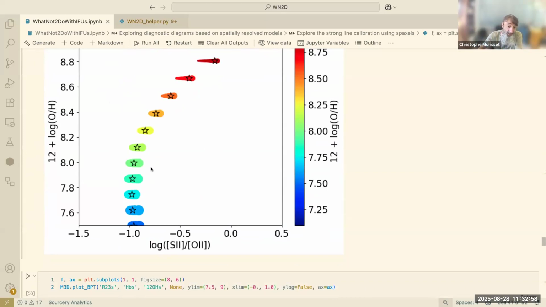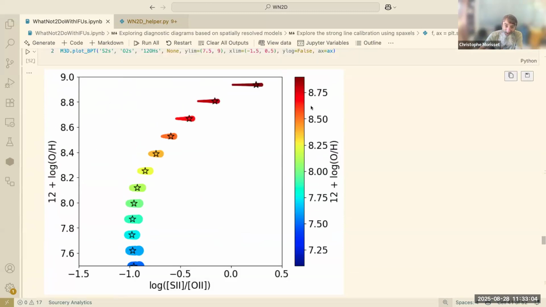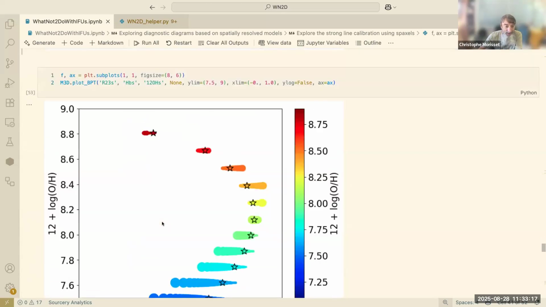Okay. The point here is that it's almost vertical, so you cannot determine things, except the very, very high metallicity and so cooled region. But all the guys that we are interested in, perhaps, are those guys. So there is no good relation here to determine abundances.